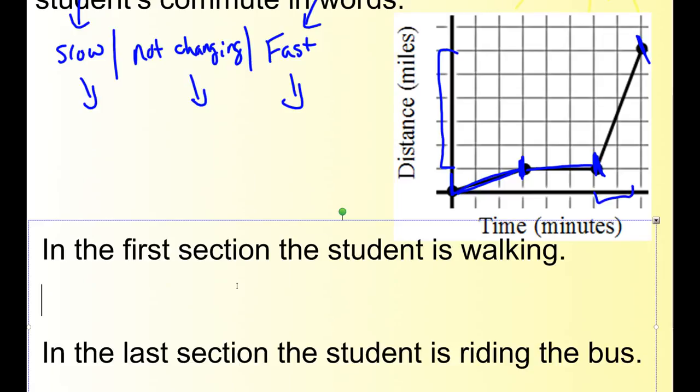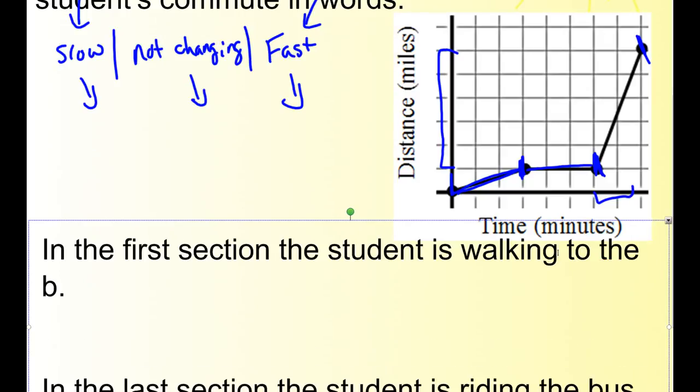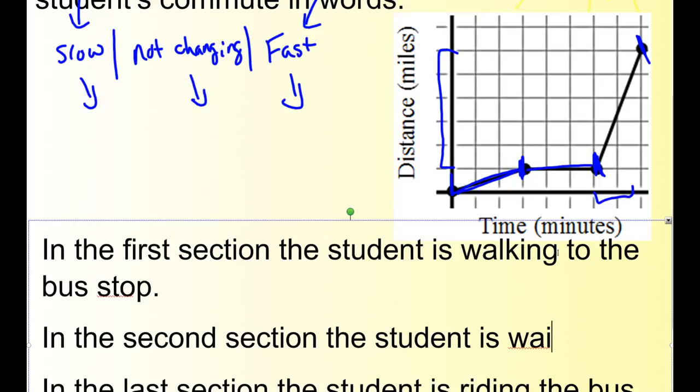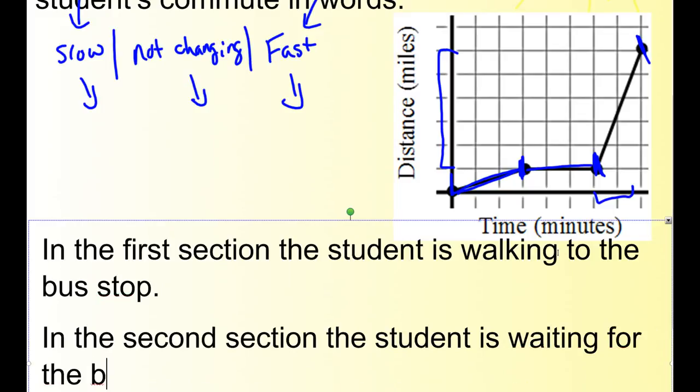So they're walking to the bus stop. Let's add that. In the first section, the student is walking to the bus stop. In the second section, the student is what? Waiting for the bus. He's waiting, he's not moving, he's just standing there looking around.